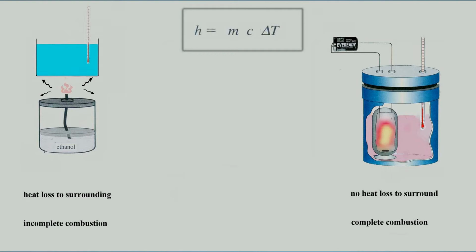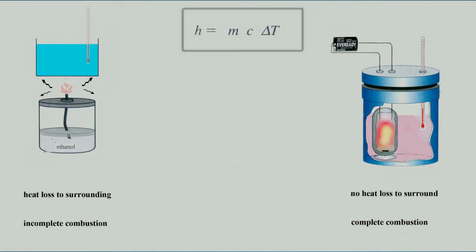Now let's compare the methods of measuring heat energy. Using the MCΔT calculation to measure heat energy is good. This is our school experiment. But it also has certain disadvantages, because some heat may escape to the surroundings.